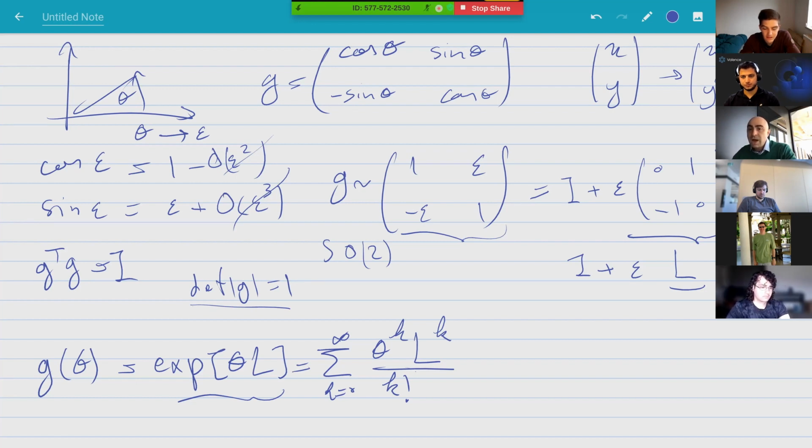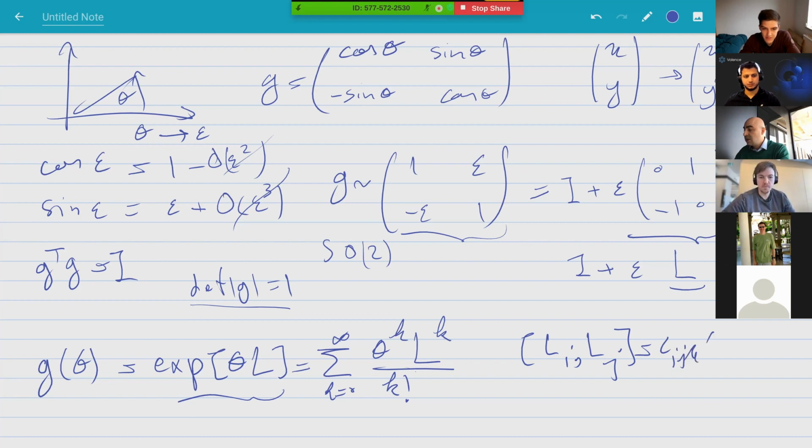If you have a set of L's that are closed under commutation relations, they form a basis for the Lie algebra. For example, in that slide, I had the commutator of Li and Lj equal to Cijk Lk.